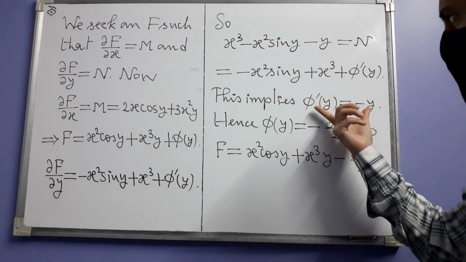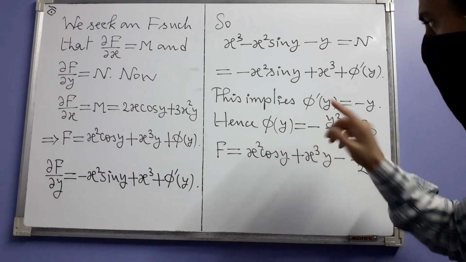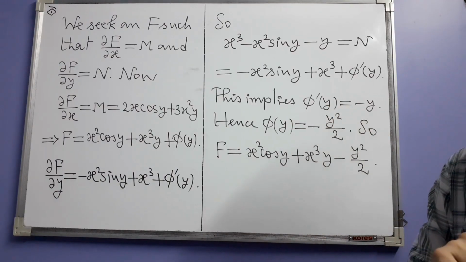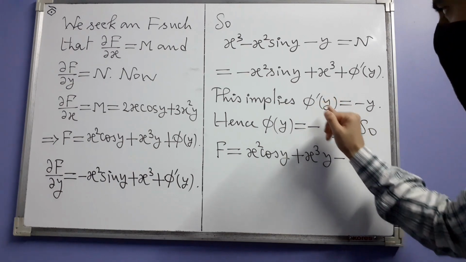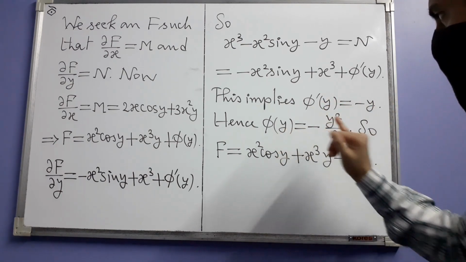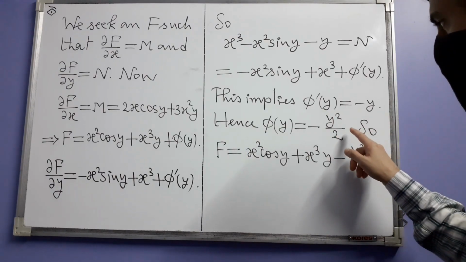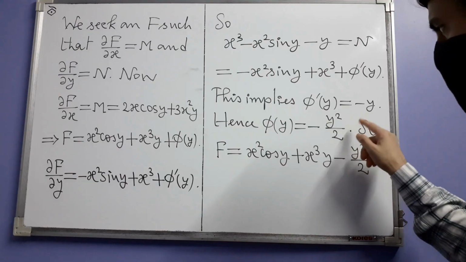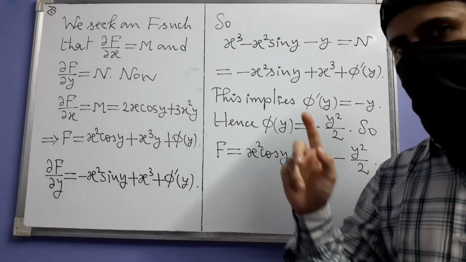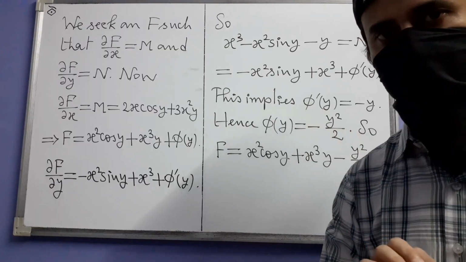Now this is an ordinary differential equation involving only the variable y. So if you integrate both sides with respect to y, you get phi of y equal to minus y square divided by 2. And do you remember that here it does not matter whether you write plus c or not. Ultimately, you are anyway going to get an arbitrary constant.